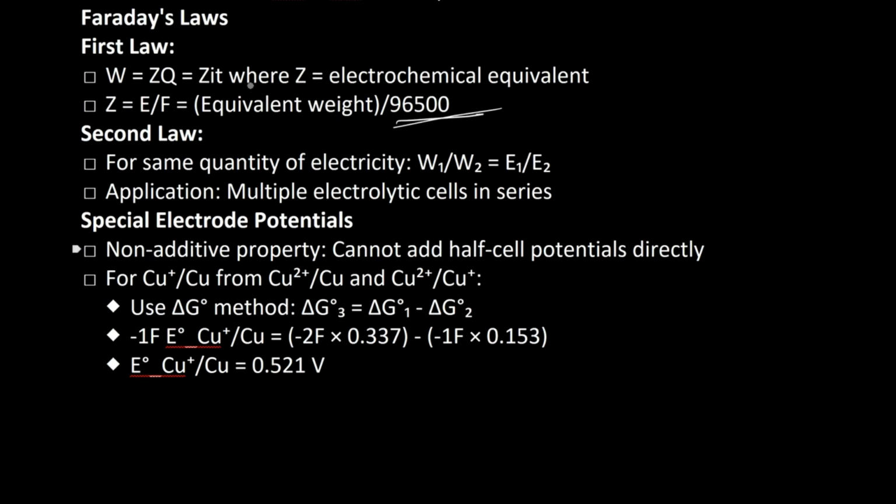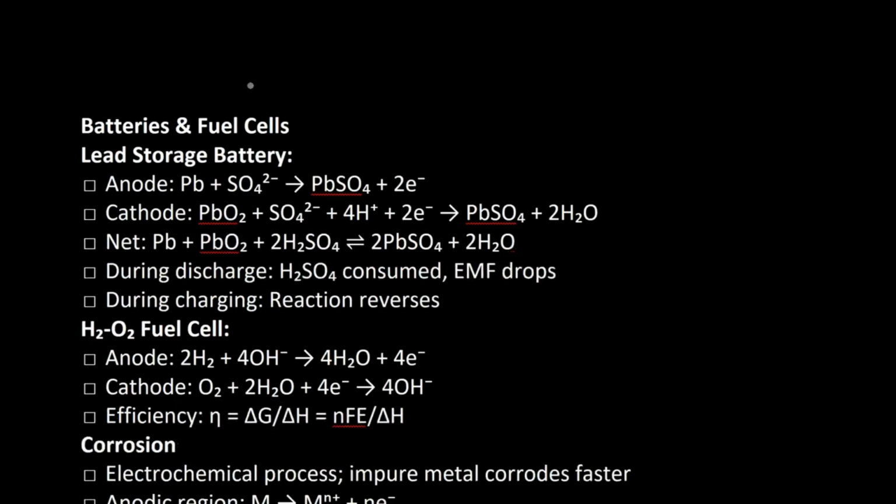From the second law, W1 by W2 is equal to E1 by E2. And delta G3, if they have given this non-additive property, we can't add the half cell potentials directly. So for that kind of problems, we can use this.